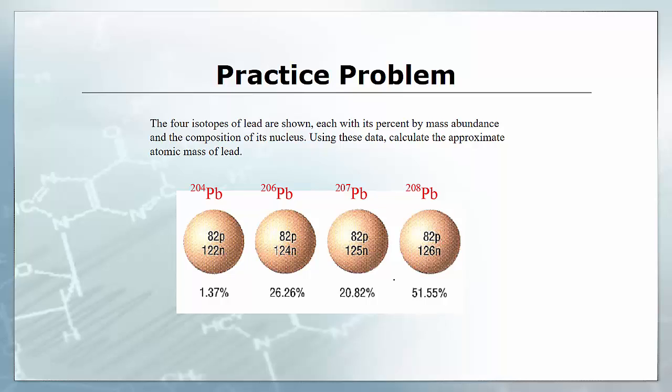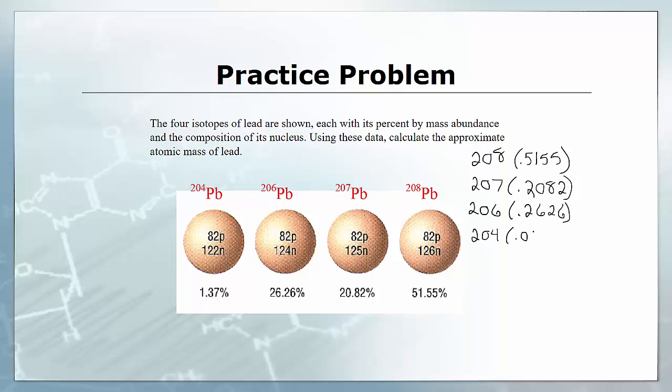So I would do 208 times 0.5155, and then I would have 207 that I would multiply by 0.2082, and I would have 206 times 0.2626, and then 204 times 0.0137.